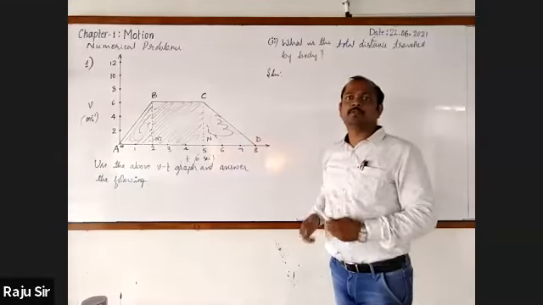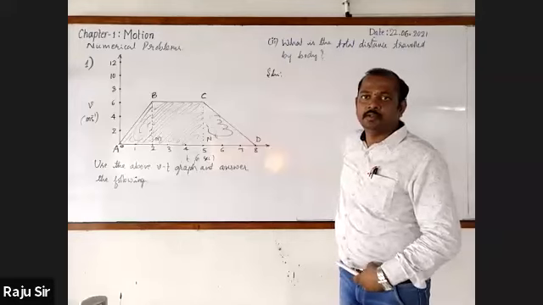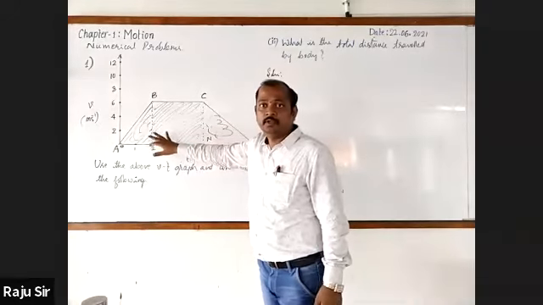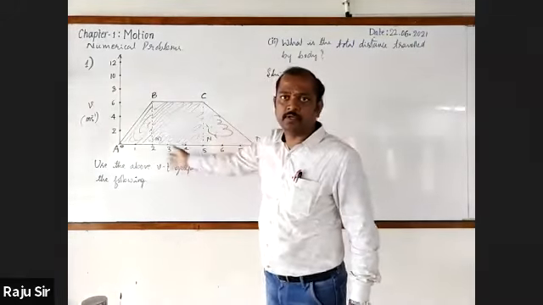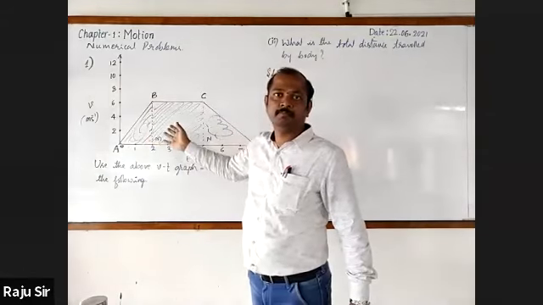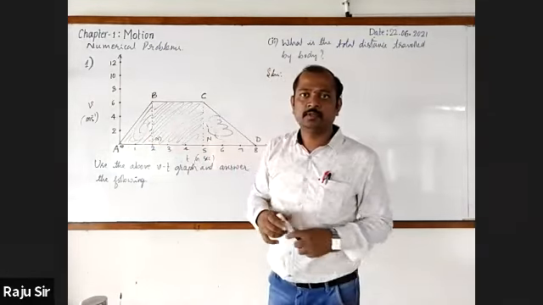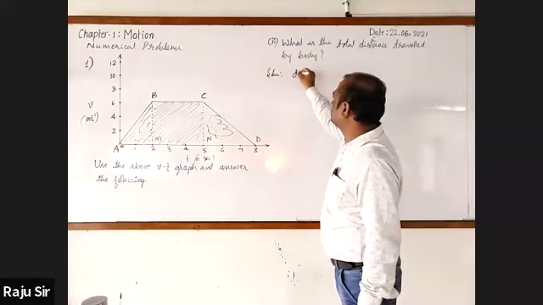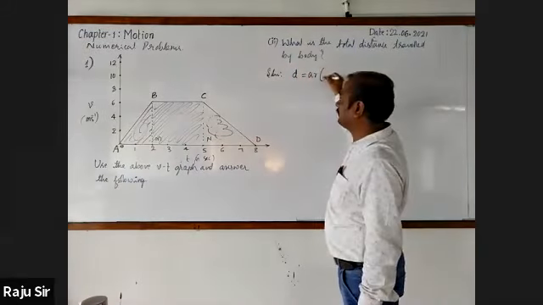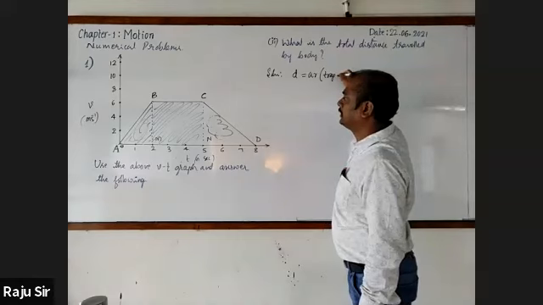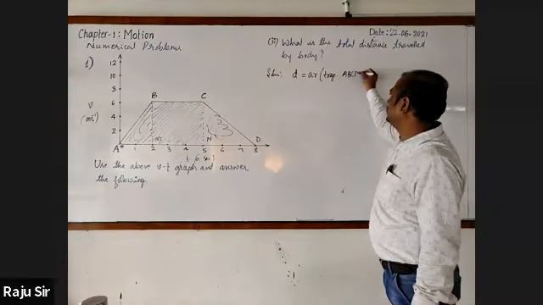Total distance, you find out. You have to consider the area of the whole geometrical figure. That is the full trapezium. Got it? ABCD. Total distance D is equal to the area of trapezium ABCD.